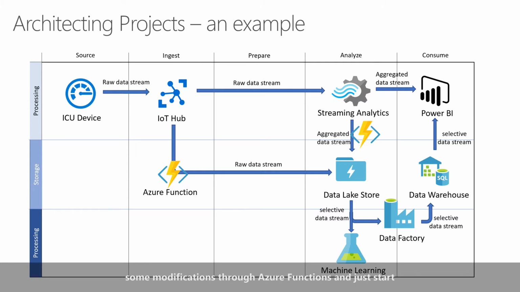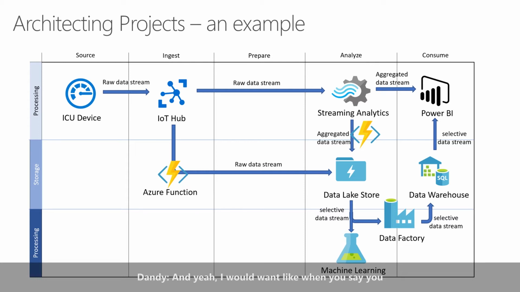You may do some modifications to that through Azure Functions and just store it in data lakes. And we've got some Azure reference architectures that we could point to as well. Absolutely. But the key point here is you could quite frankly put your own version in. You could replace this with your own version. But you talk about source, ingest, prepare, analyze, consume. And on the side, storage and processing.